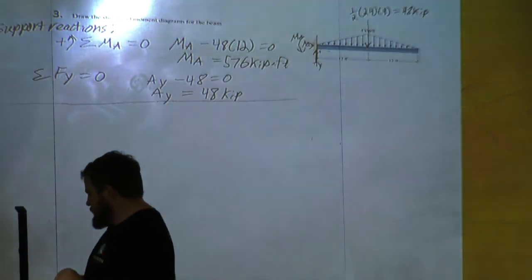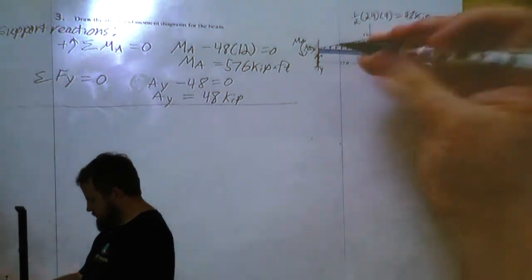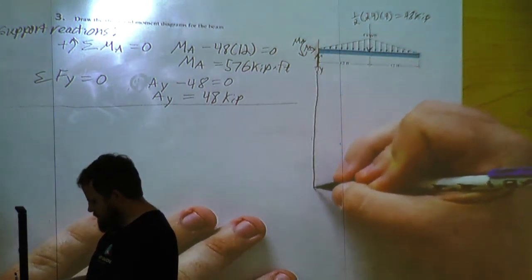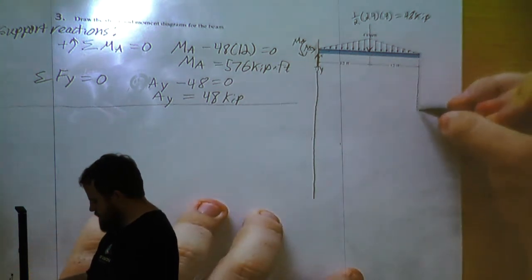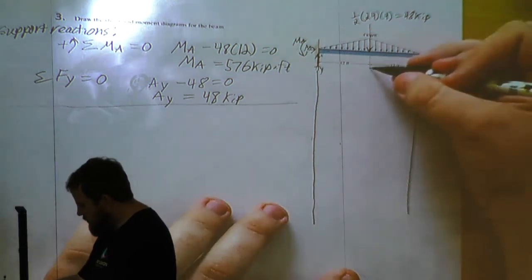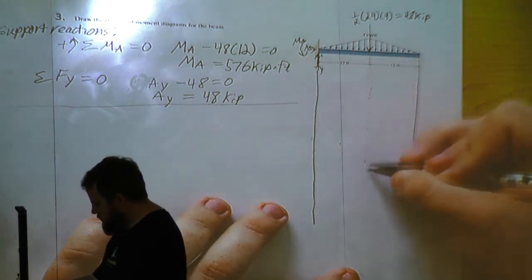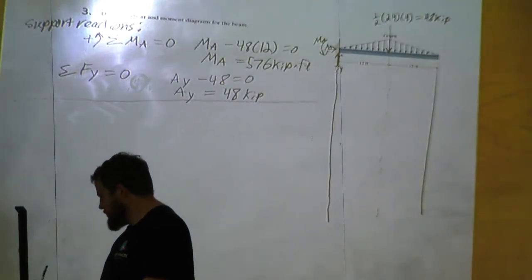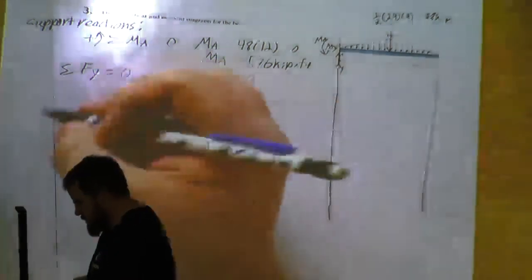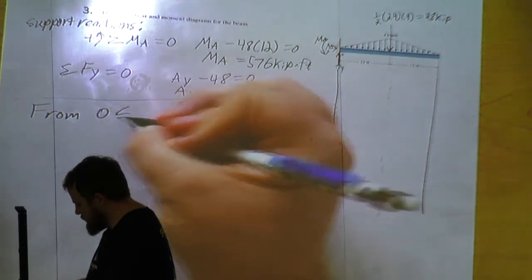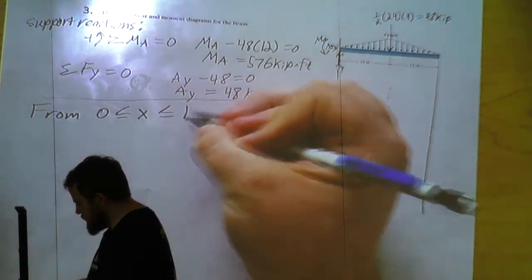Now let's move on to doing the shear moment. Okay, so what we're going to do is we're going to look at each section. So let's start with 0 less than or equal to x is less than or equal to 12.